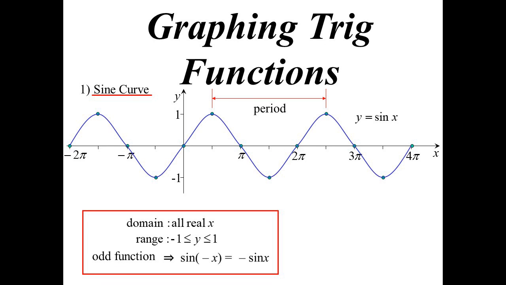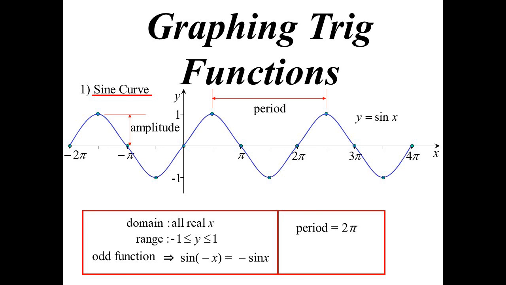So what you're looking for is not only is it at the same point, but it's travelling in the same direction as well. I can't use the origin going up and then pi going down. That's no good. So I've labelled the 2 peaks there, so that would be our period. How do we work it out? Well, for the sine curve, yes, it is every 2 pi. And the amplitude is how far it goes up and down the axis, so the amplitude is 1.